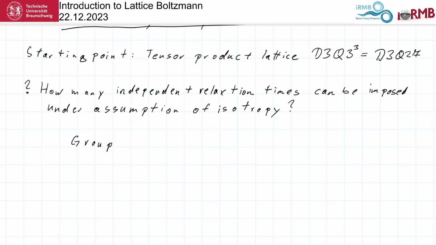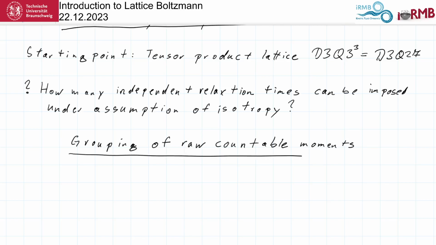We distinguish our moments in terms of what they actually mean, and we are now here using raw countable moments. These are not the moments that were used by d'Humières et al. Come to this later.